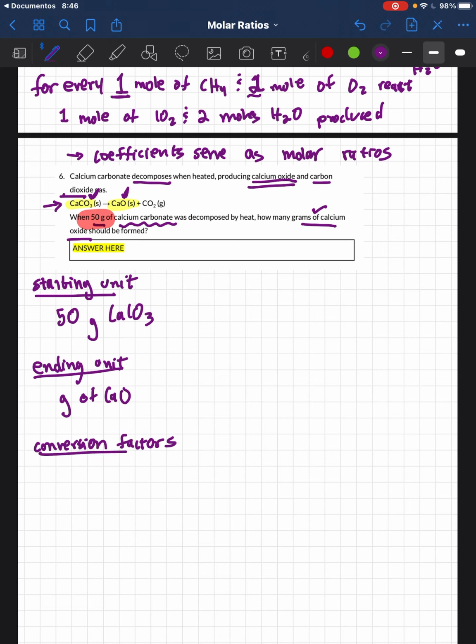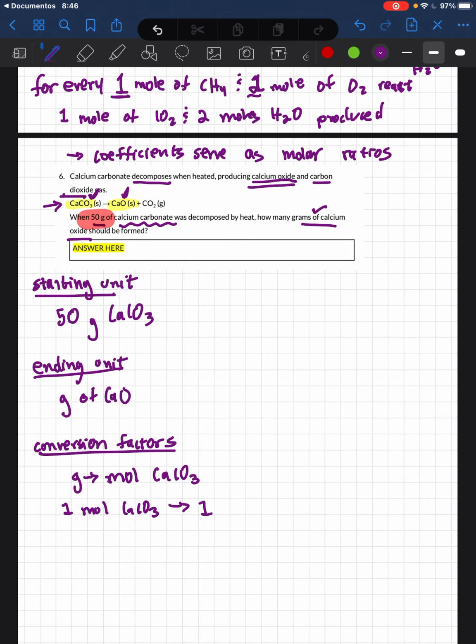So I'm going to start with the grams to moles conversion for calcium carbonate. I am then going to use my molar ratios. I see I have 1 mole of calcium carbonate for 1 mole of calcium oxide. I then also will need to go from moles of calcium oxide to grams of calcium oxide.